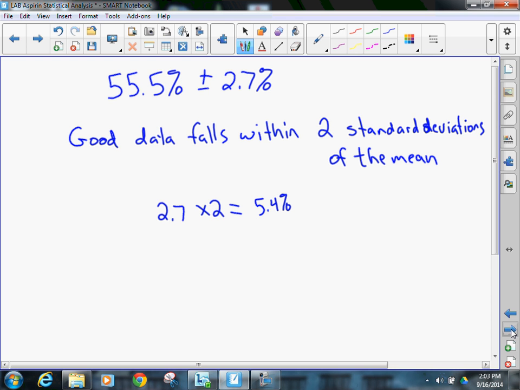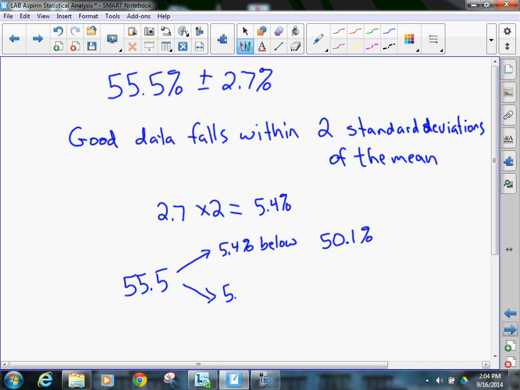So when you look at the average of 55.5, you have a range. If you are 5.4% below it, okay, that would mean good data at a minimum has to be 55.5 minus 5.4. The lowest range we should see that's acceptable data is 50.1% yield.